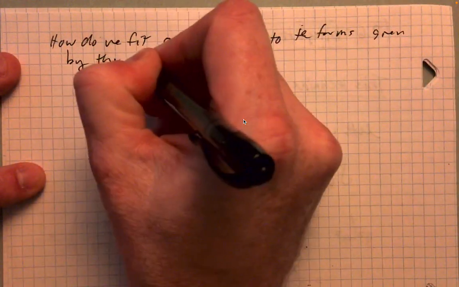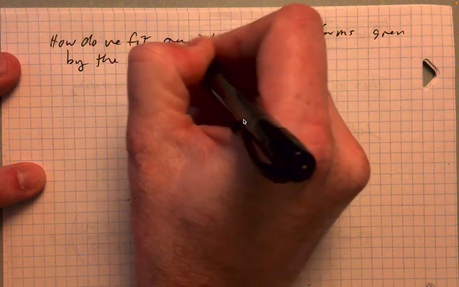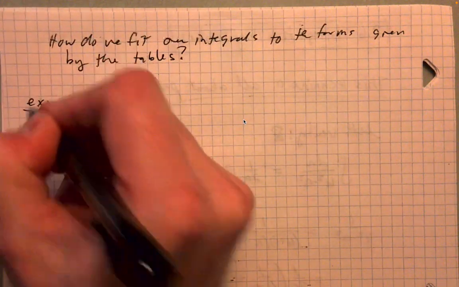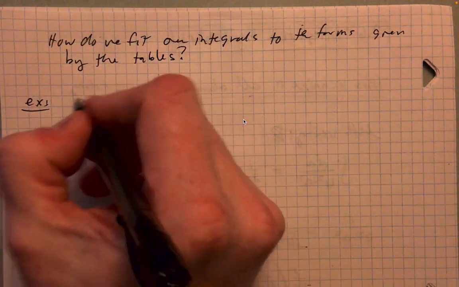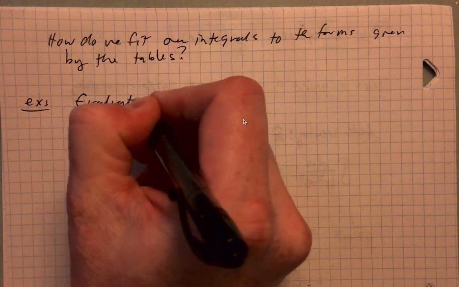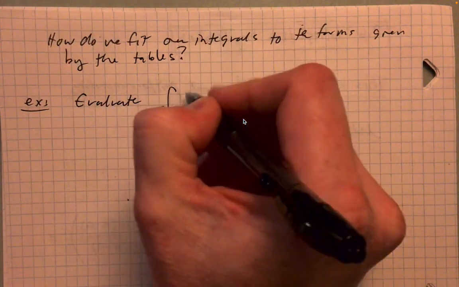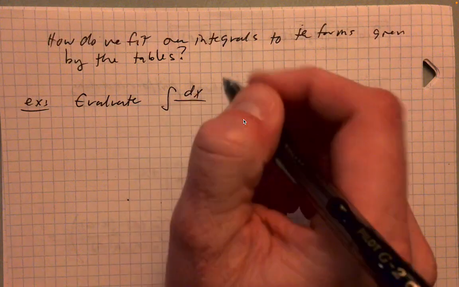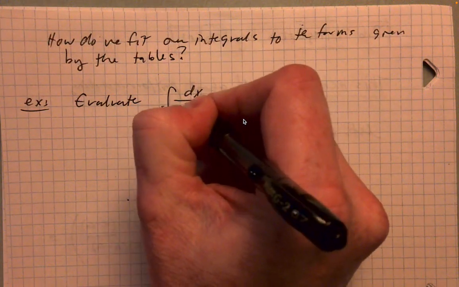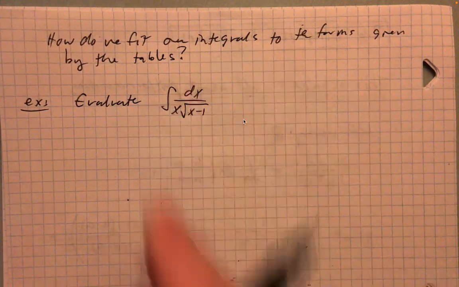And so let's do a few examples. Okay, let's start with this guy. Let's evaluate the integral of dx over x times the square root of x minus 1.